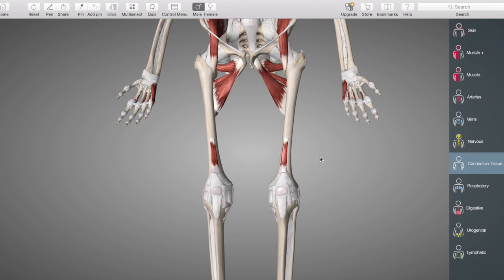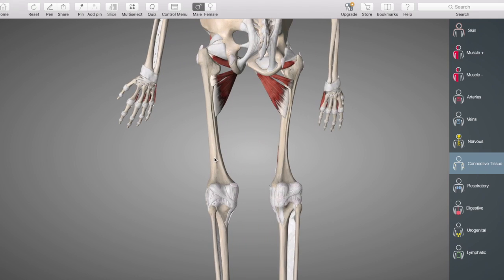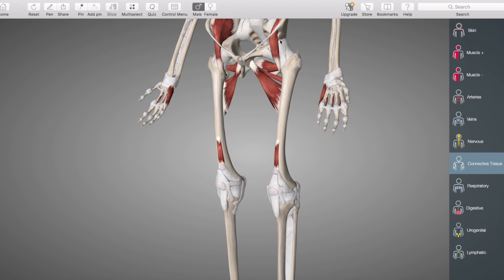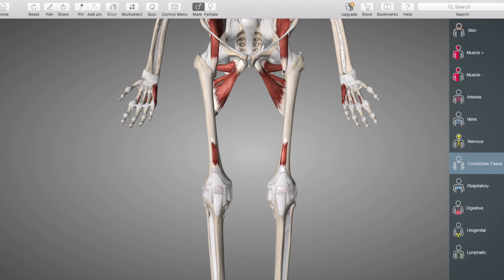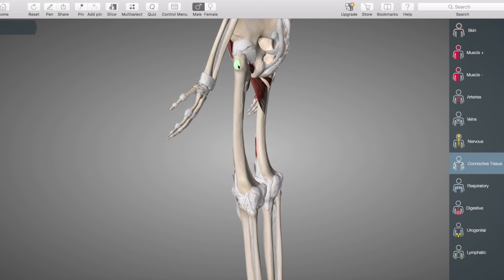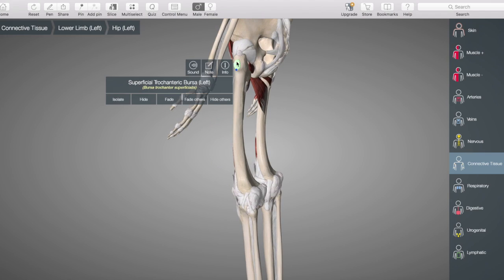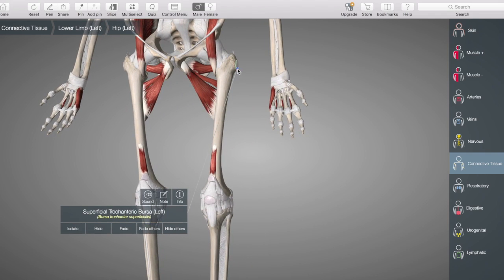And so what we're going to move down to, the hip can certainly have plenty of pathology, but as you can tell, there's a really solid capsule around this hip, and the articulating surface for the hip is really deep as well. So a lot of times you see more chronic muscular issues there, or even some bursitis. So we could have this superficial trochanteric bursa that sits on top of the lateral aspect of that head of the femur, called the greater trochanter.